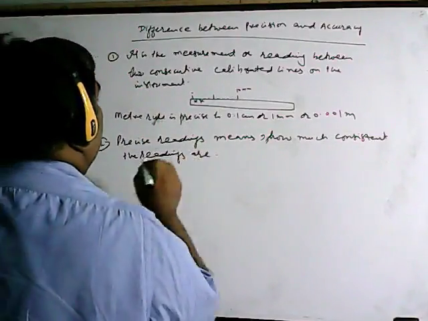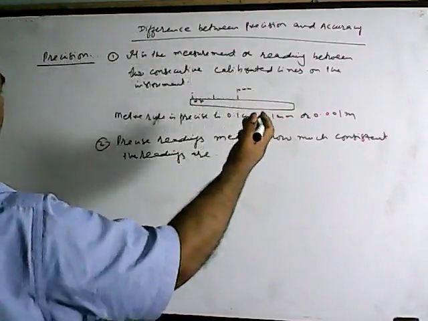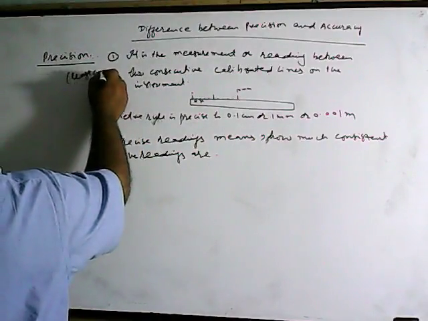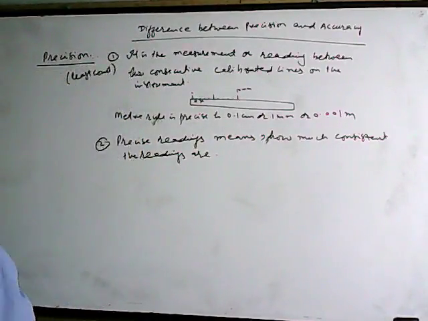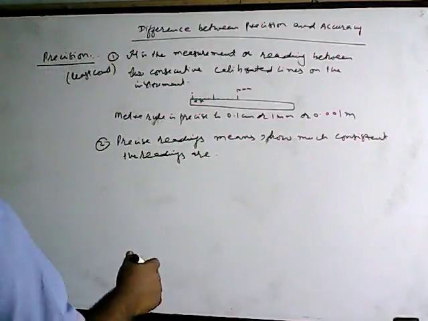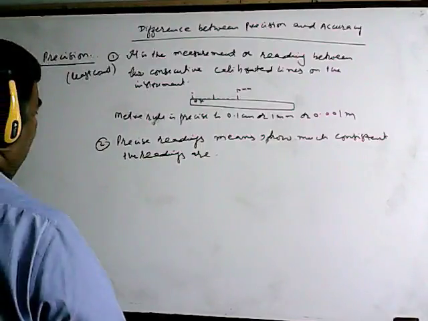Here we are least concerned with that. The first meaning is just the precision of the instrument, which we also sometimes call the least count. Now, precise readings means how consistent or how close the readings are. That comes under precision.